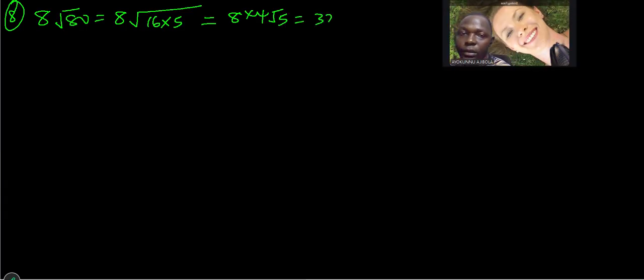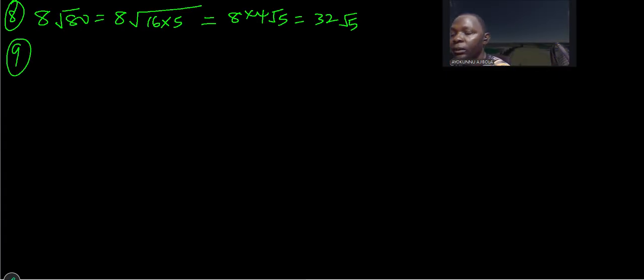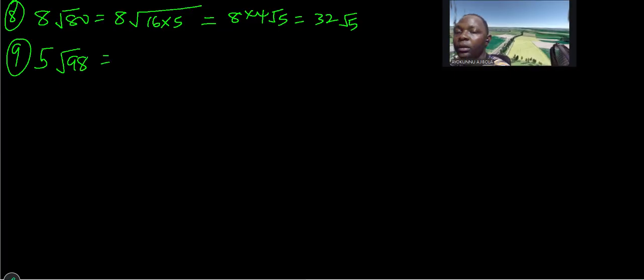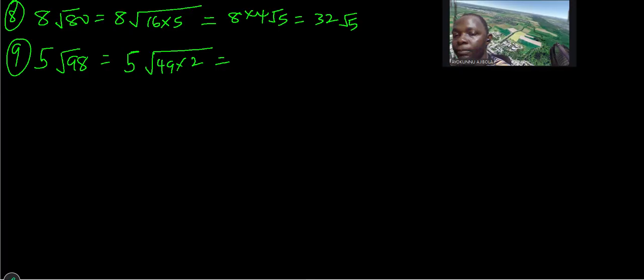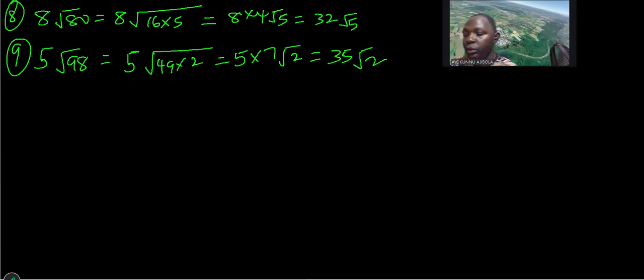So the answer is 32 root 5. Then the next one, 5 root 98. We have 5 times the root of 49 times 2. And the square root of 49 is 7. We have 5 times 7 root 2, which is 35 root 2.